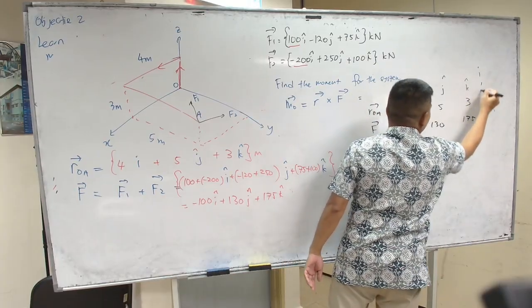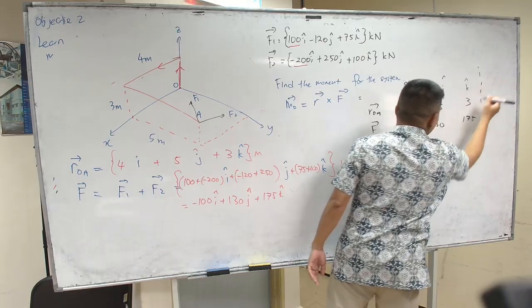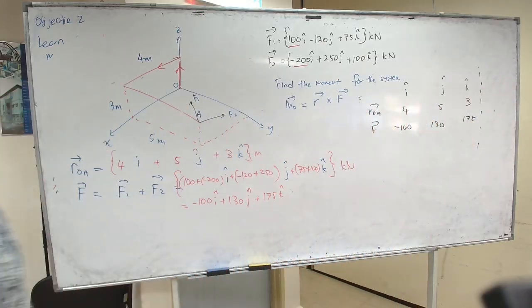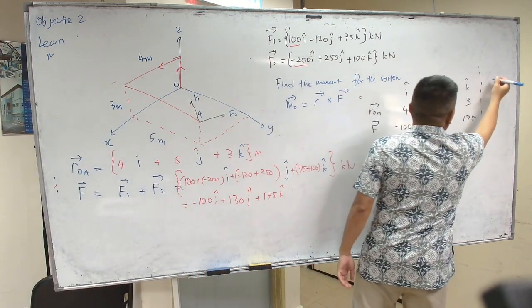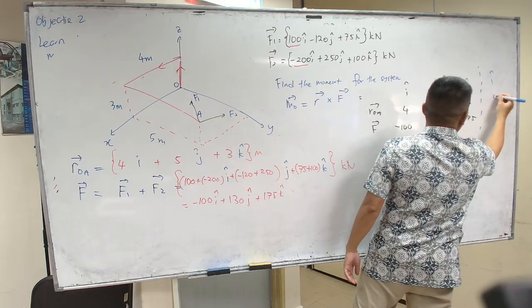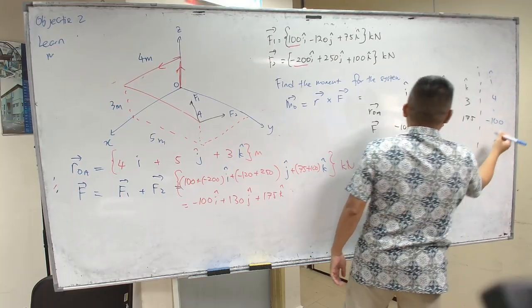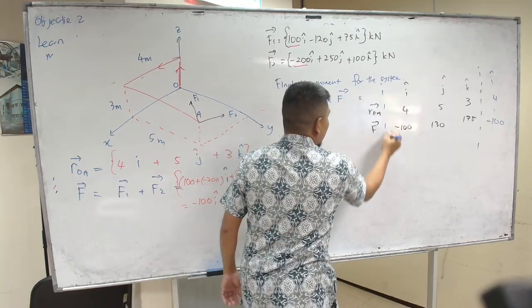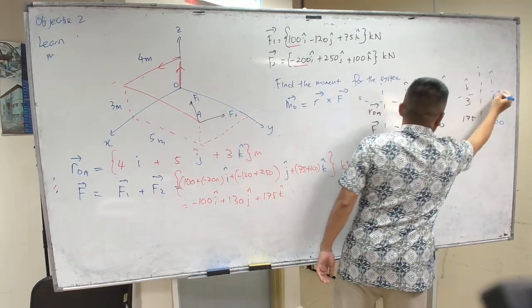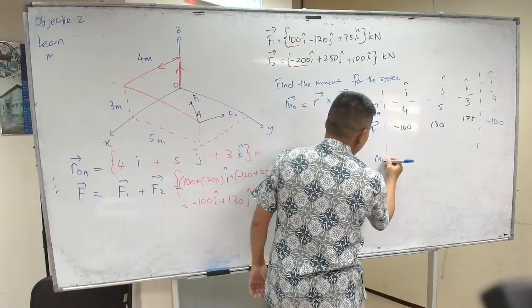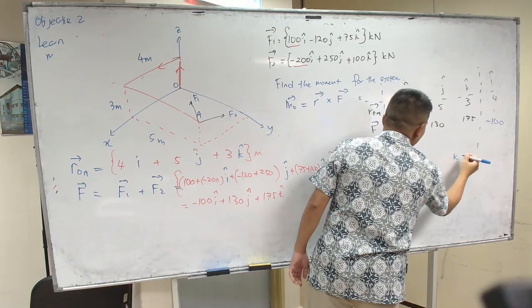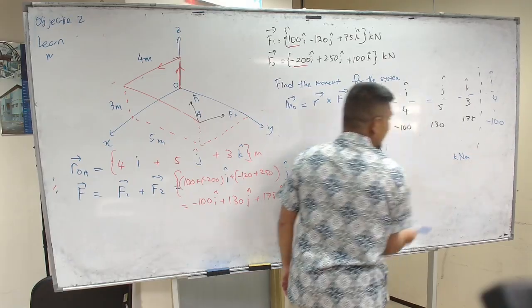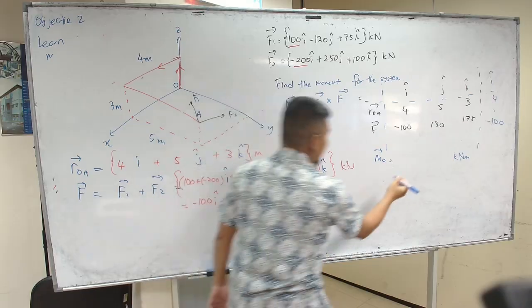And then you just need to add another I. It is 4 with negative 100. And finally, the moment you get is in kilo, in this kilo. The answer.